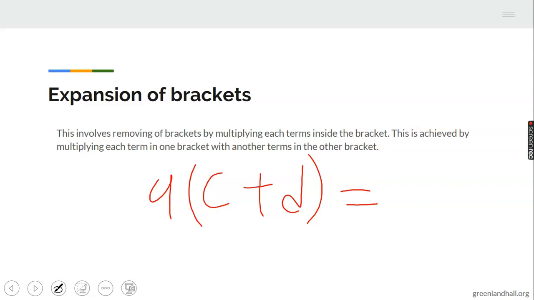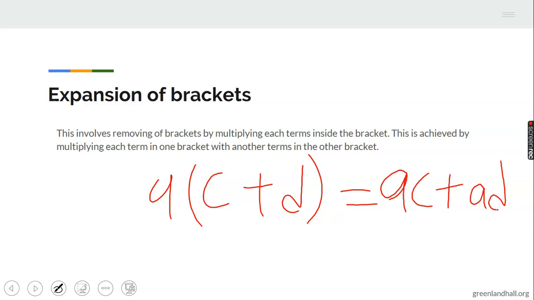A is outside, it will multiply every other term inside the bracket. And what are the terms inside the bracket? C and D. So this will just be AC plus AD. So this is how to remove a bracket.